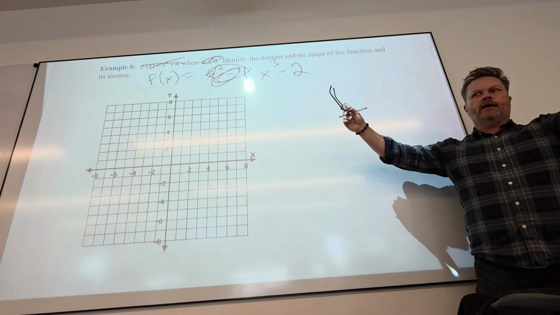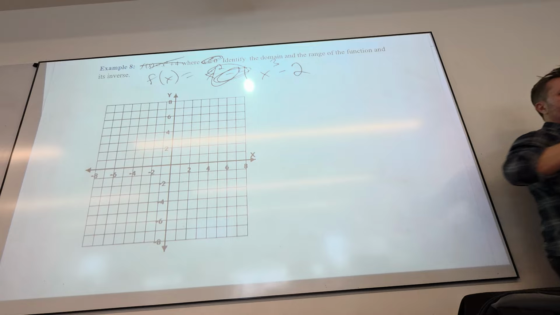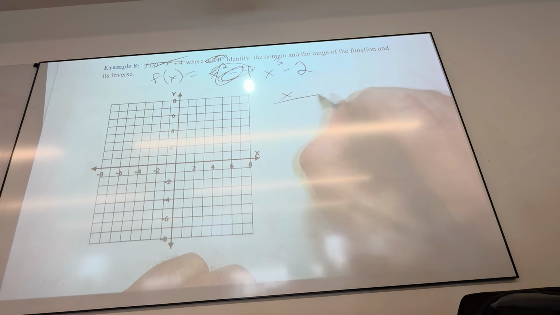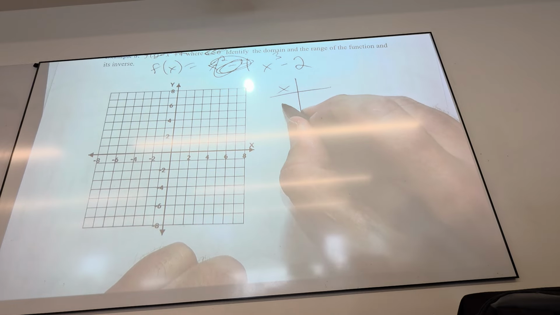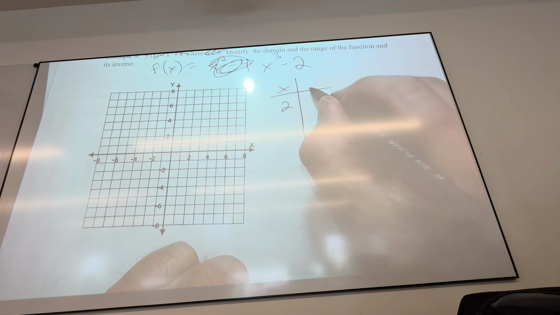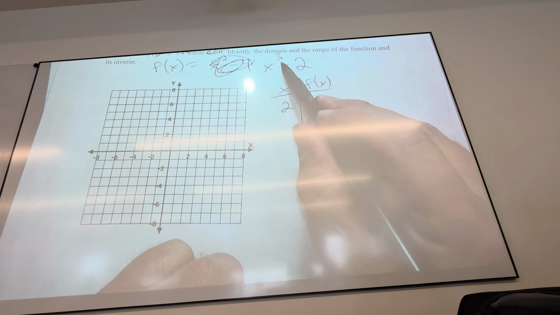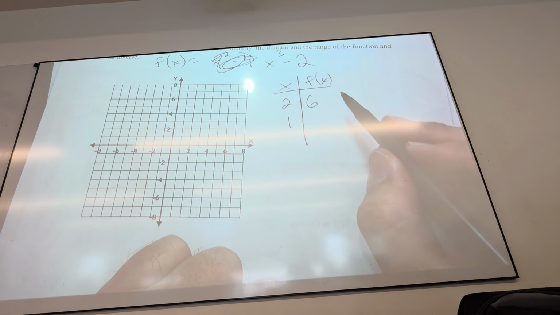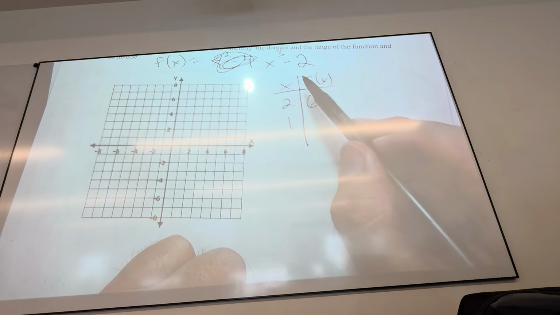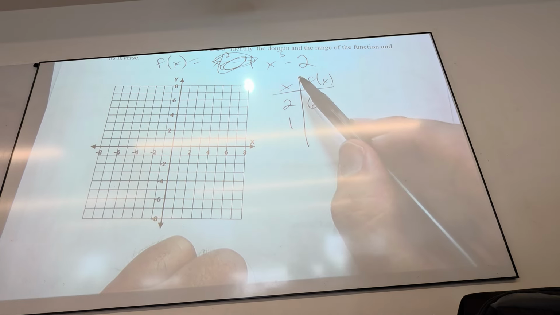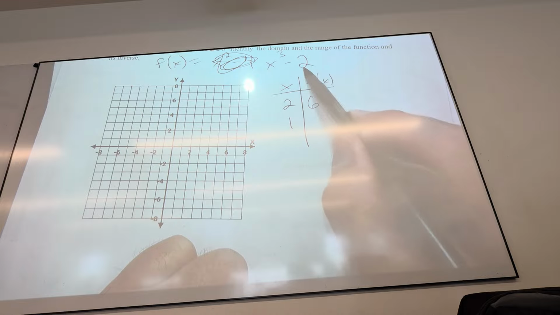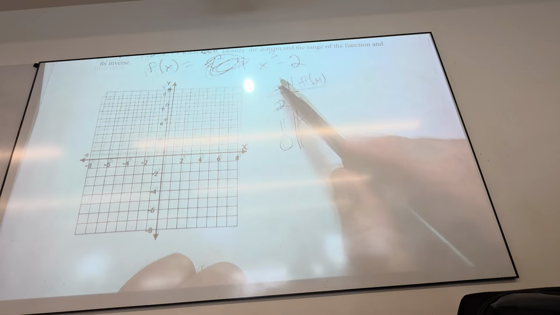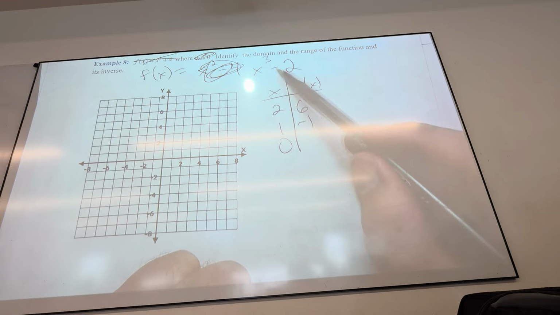If I want to plot x cubed minus 2, I can make points, yes? How do I plot this function? What do I get if I plug in a 2? Yeah, 2 cubed is 8, minus 2 is 6. What do I get if I plug in a 1? 1 cubed is 1, minus 2 is negative 1. What about 0? 0 minus 2 is negative 2.